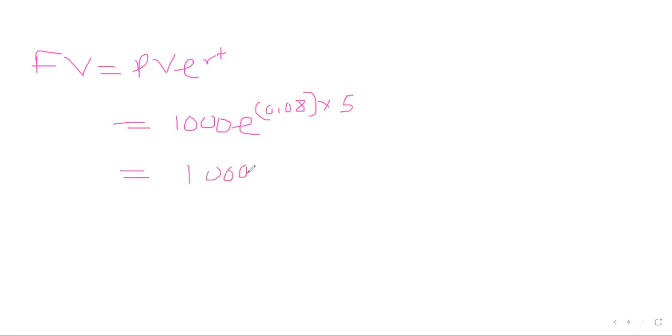We should know by now. 0.08 times what? 5. 0.4. So shift ln 0.4, then times 1000. It will give us an answer, which is what? 1492.